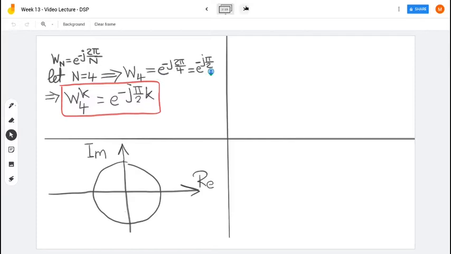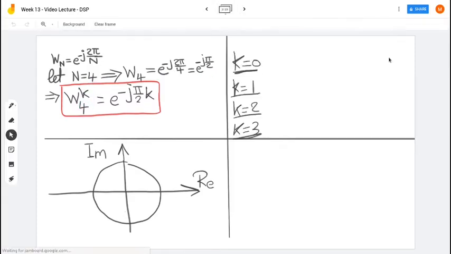Now let's consider the quantity W4 to the power k. It will be e to the negative j pi by 2 times k, and k will take the values from 0 up to N minus 1. N is 4 in this case, so k will take the values from 0 up to 3.